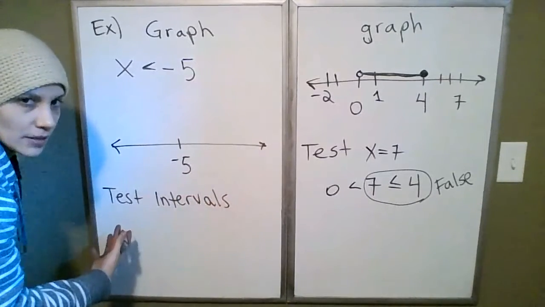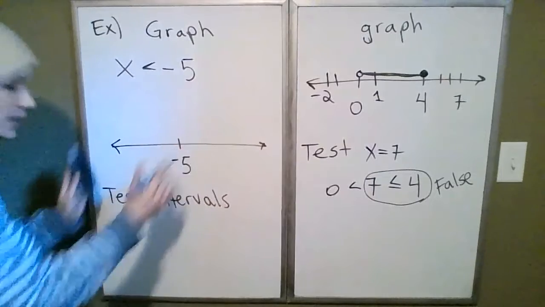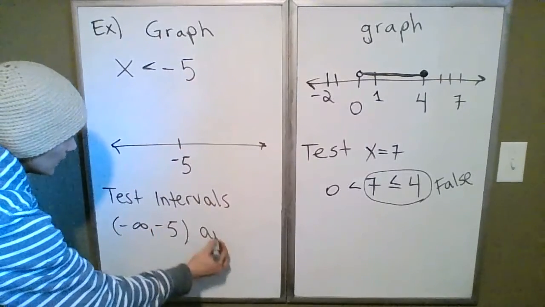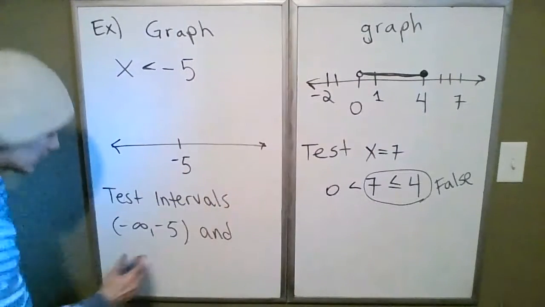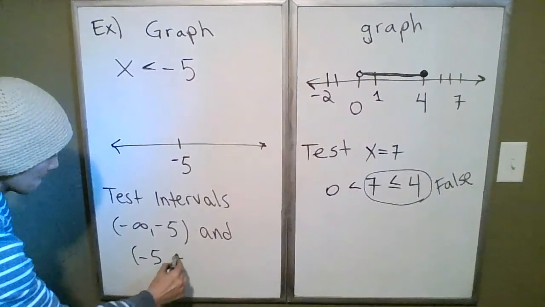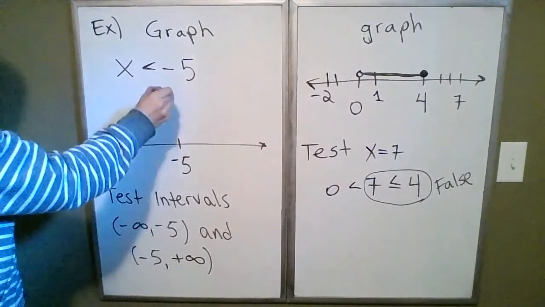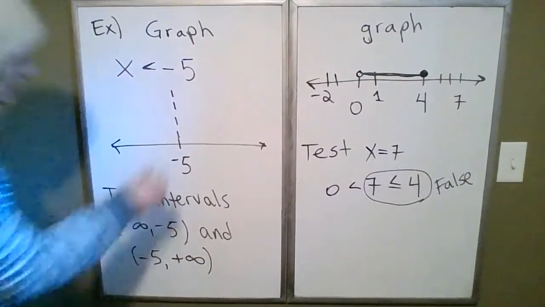You don't have to write this down every time. I'm just trying to explain the pieces. This first piece looks like this. And the other one goes from -5 and over. Above -5, there's an open circle.